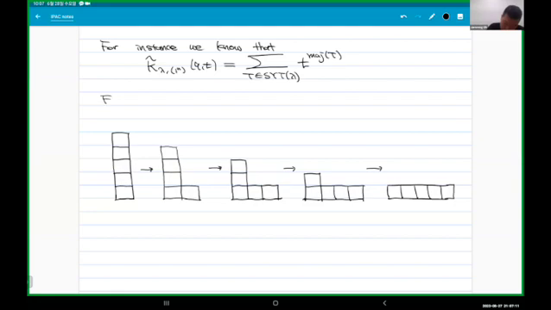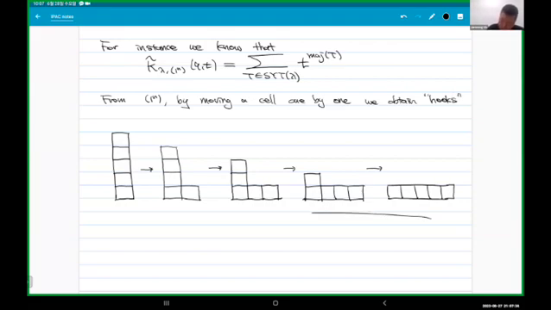And starting from this partition 1 to the n, by moving a cell one by one from the first column to the first row, we obtain hooks like I drew here.